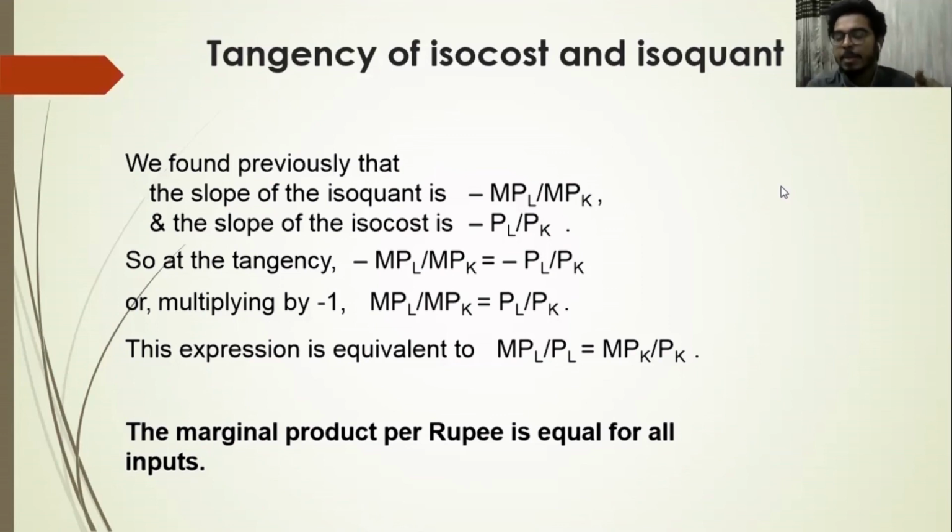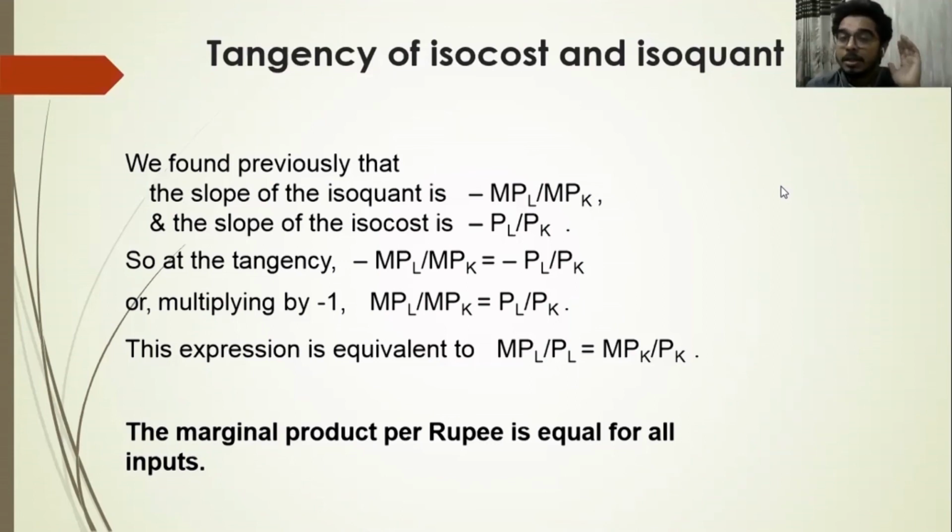Now it's labor and capital, but there can be several other inputs. So for all the inputs, whatever price I'm spending per unit, the marginal product return I'm getting should be similar. Then we can achieve the equilibrium.